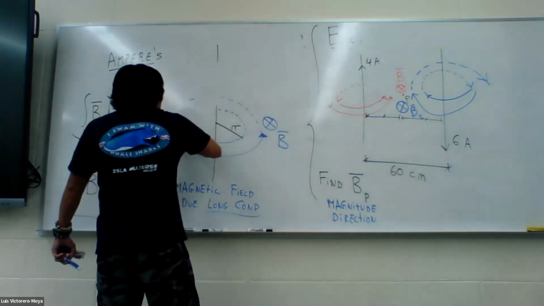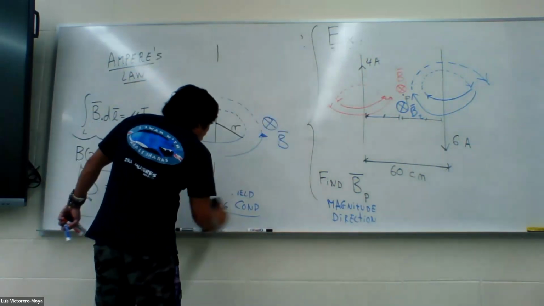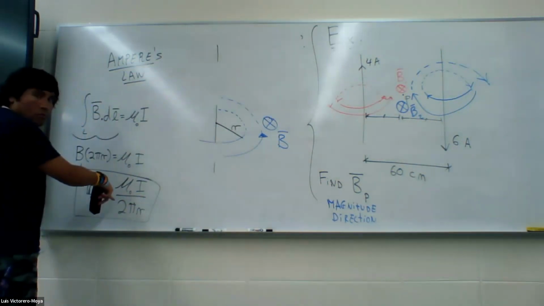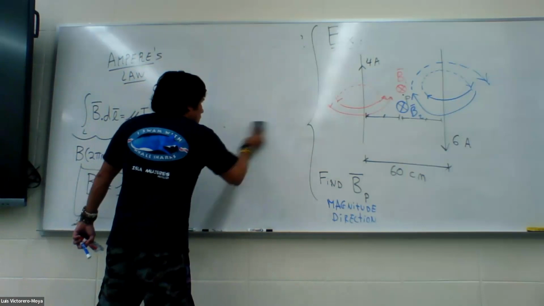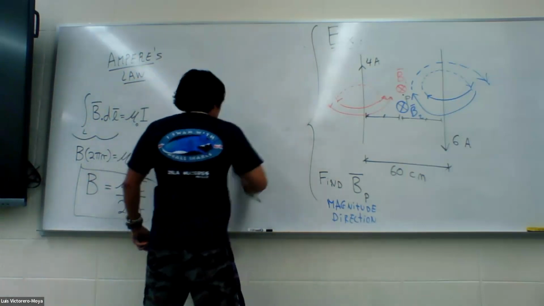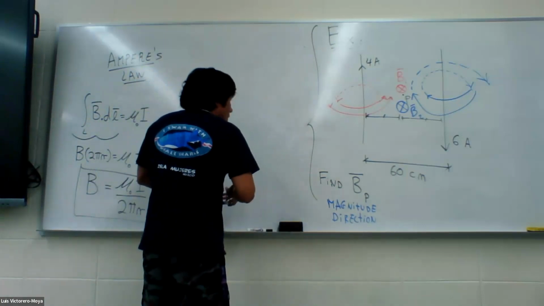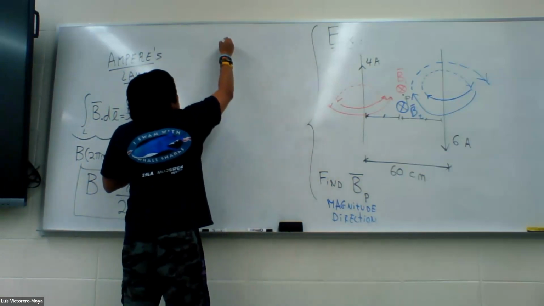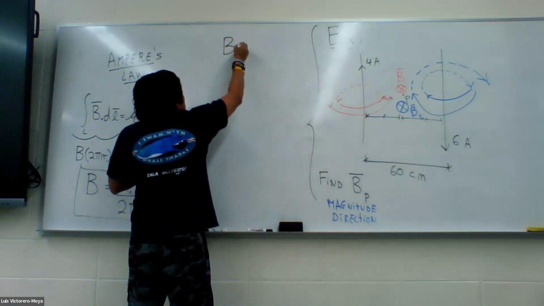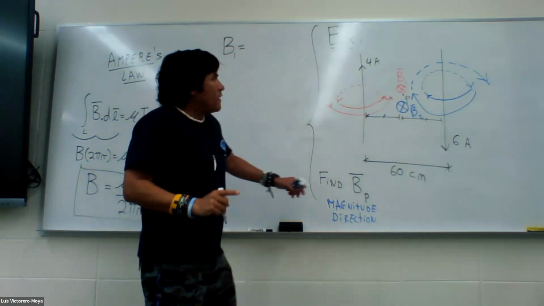To find the magnitudes, we use this equation. So B1 magnitude will be the magnetic field.